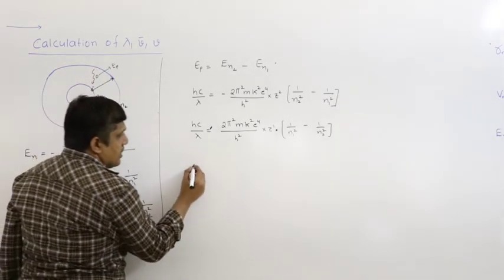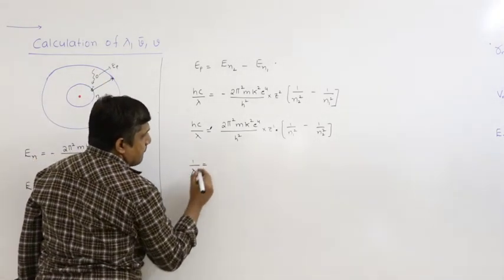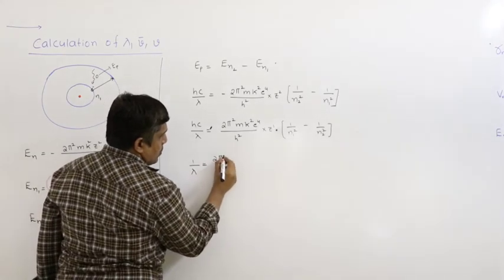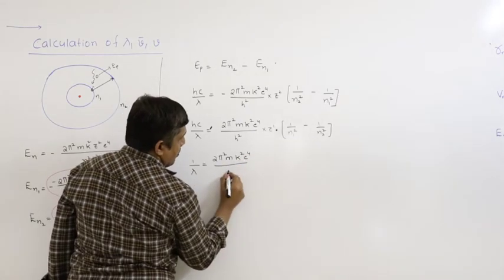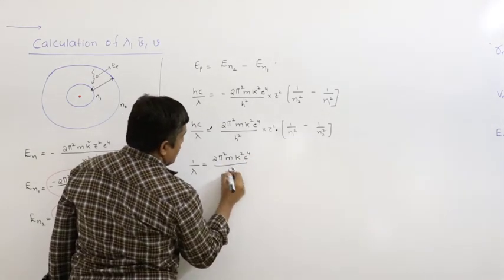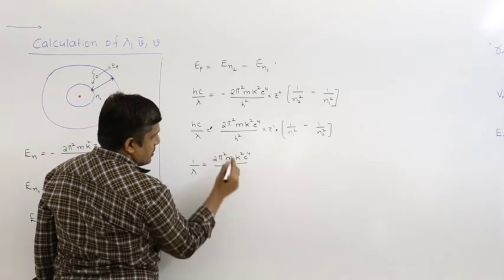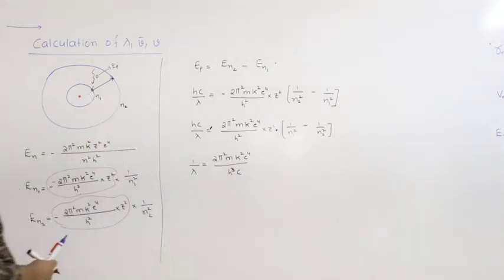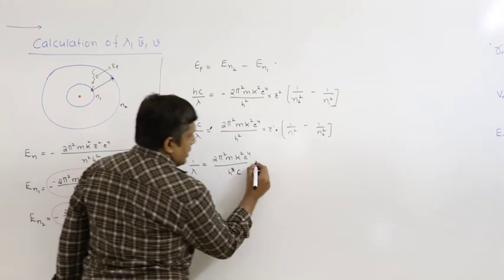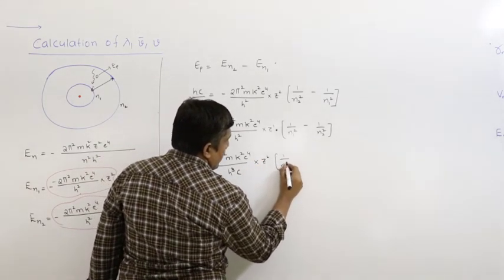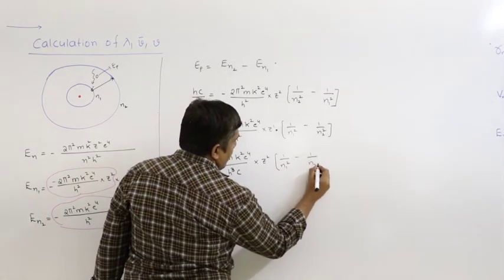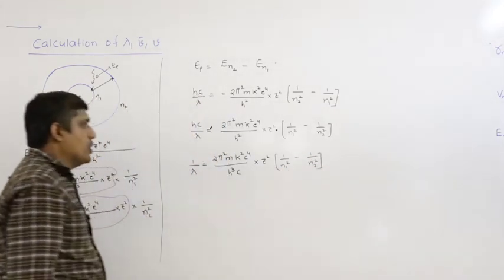So from this, what is 1 by lambda equal to? 2π²mk²e⁴/h², sending this hc to the other side, h into h² gives h³ into c, times Z² × (1/n1² minus 1/n2²).